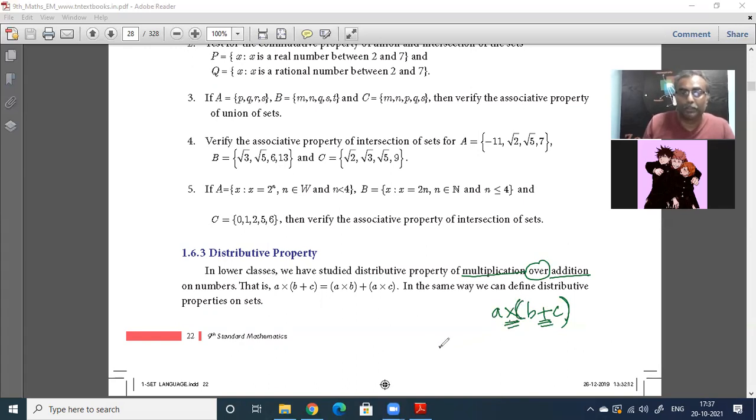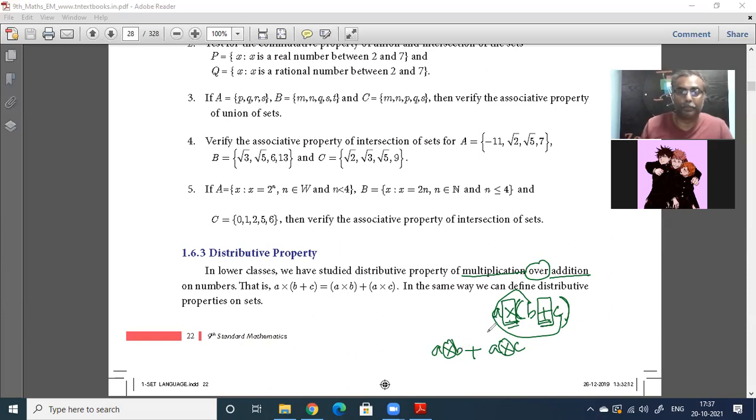So this becomes A into B plus A into C. Multiplication over addition is distributed, so when you distribute, you get A into B plus A into C.